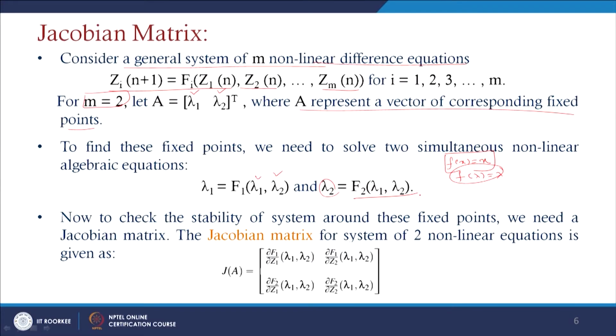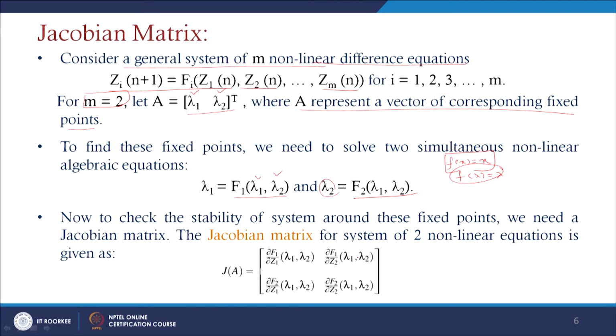So, we need a Jacobian matrix for this, and the Jacobian matrix of the system of two nonlinear equations can be written as the Jacobian of this matrix A, with the vectors associated as lambda 1, lambda 2. The Jacobian can be written as the first order derivative of f1 with respect to lambda 1, then f1 with respect to lambda 2, and then f2 with respect to lambda 1, then f2 with respect to lambda 2.